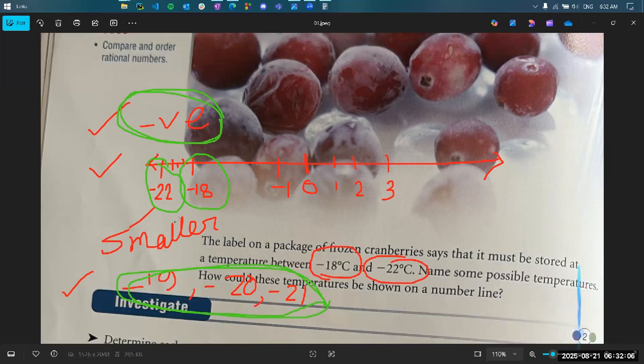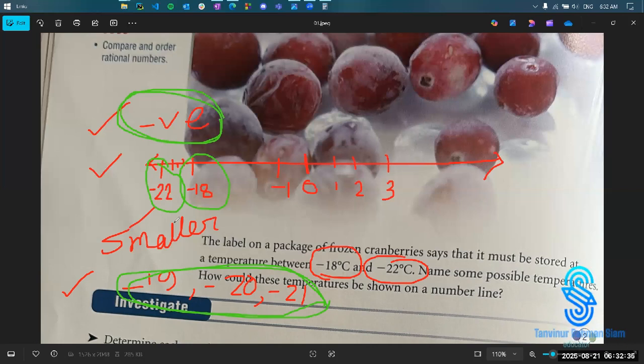Why? Because the label on the package of frozen cranberries says it must be stored at a temperature between -18 degrees Celsius and -22 degrees Celsius. So in between them there can be -19, -20, -21 degrees Celsius.